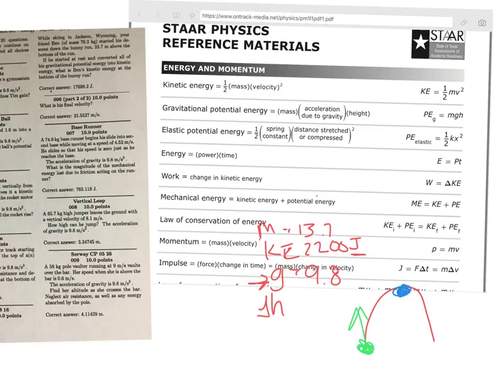So even though it has a lot of speed at the beginning and no speed at the top, we know that the total mechanical energy, the KE plus the PE, has to be equal to the same ME. Remember that mechanical energy just means the total between kinetic and potential. So this green dot right here has to be equal to the blue dot at the top. This is kinetic energy max. This is potential energy max.